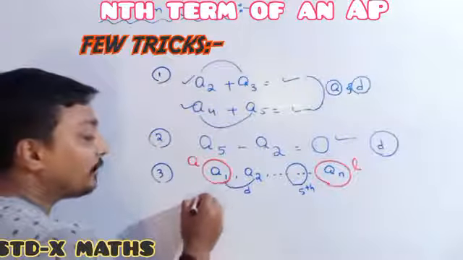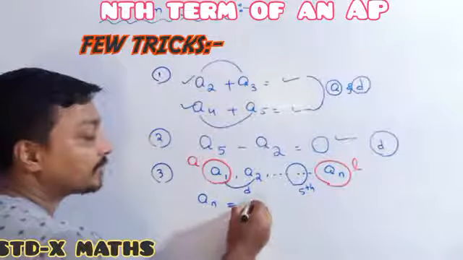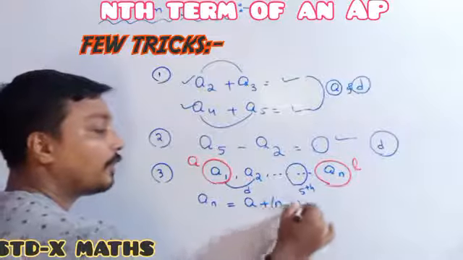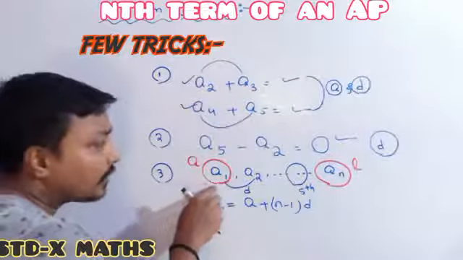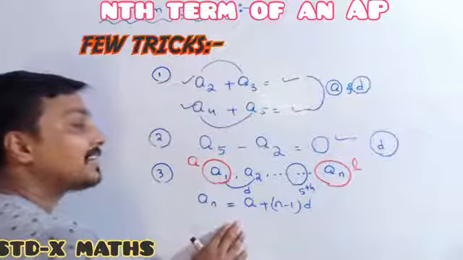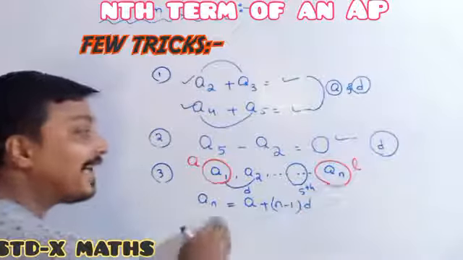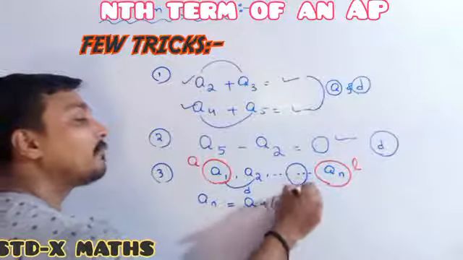Previously you know the formula for AN is a plus (n minus 1) into d. That is the previous formula whenever you want to find the nth term from the left. But whenever it is asked to find the nth term from the right, suppose you have to find the nth term from the right.